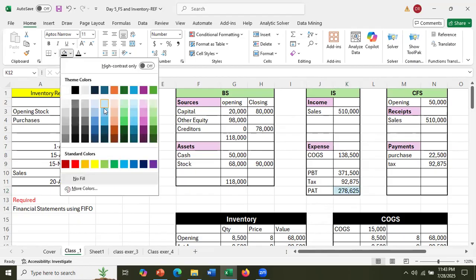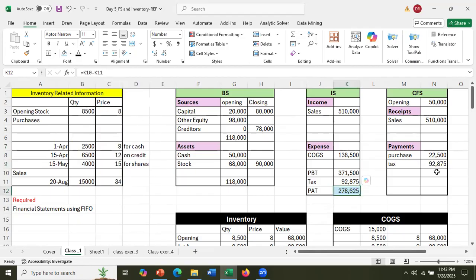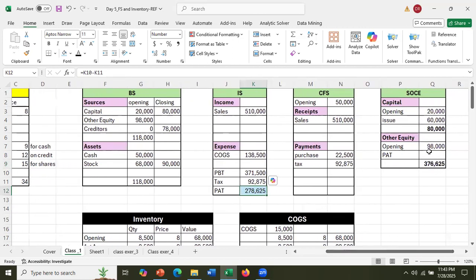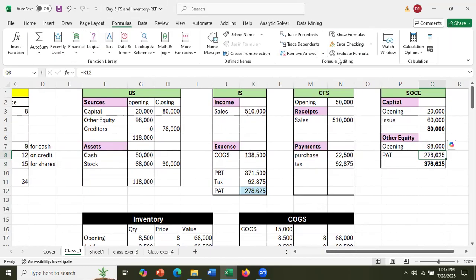And PAT, what to do with the PAT? Transfer the PAT to the statement of changes in equity. So the entire PAT goes to the statement of changes in equity.